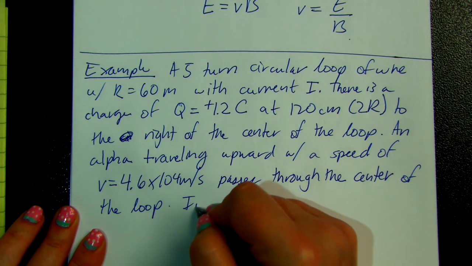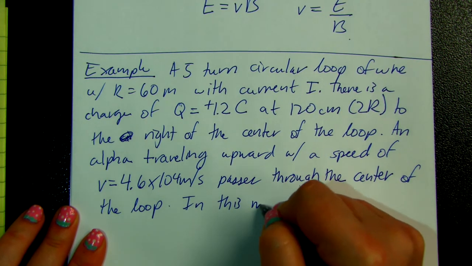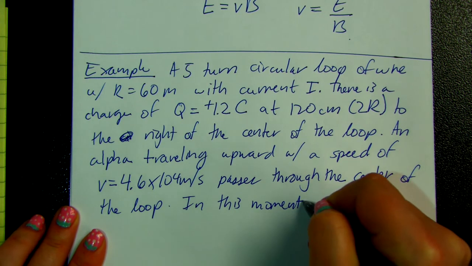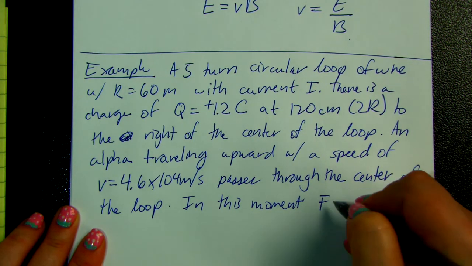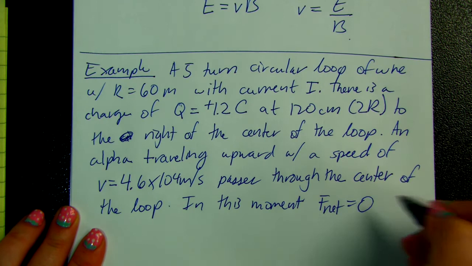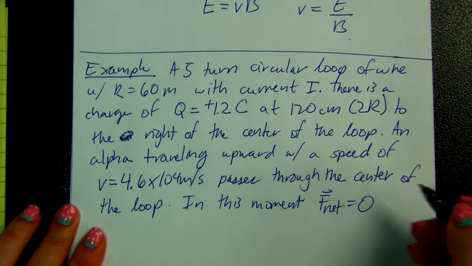So in this moment, by definition of the problem setup, F net is equal to 0.